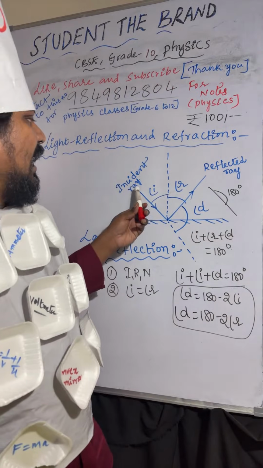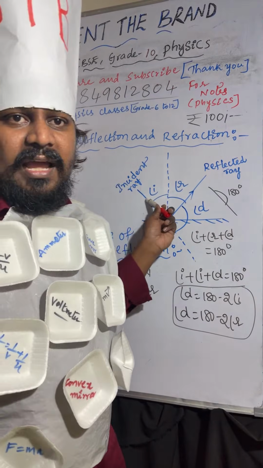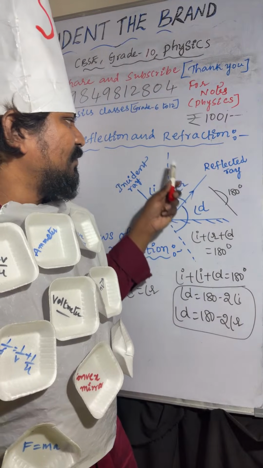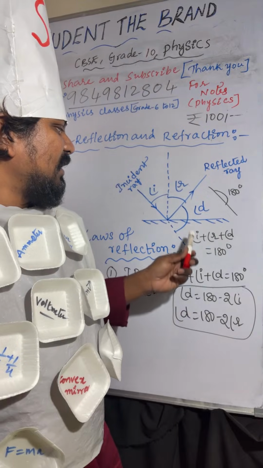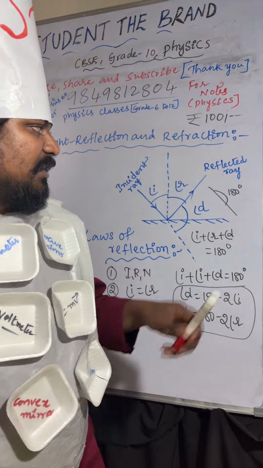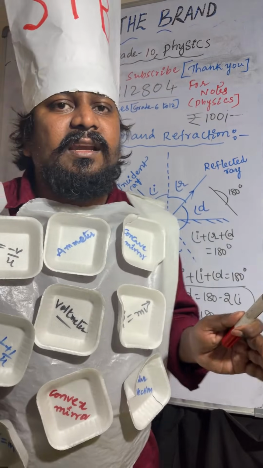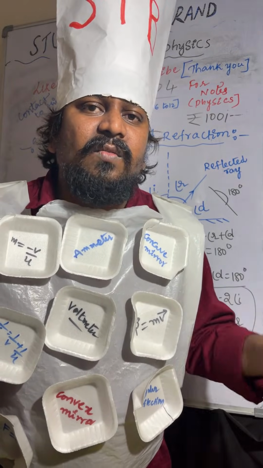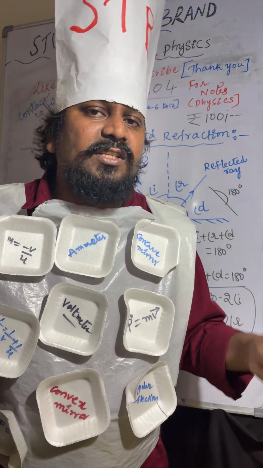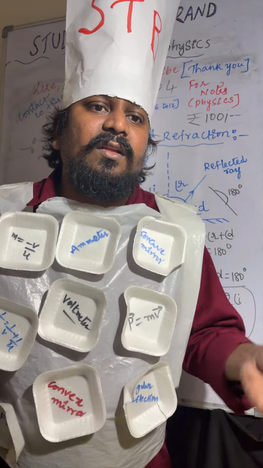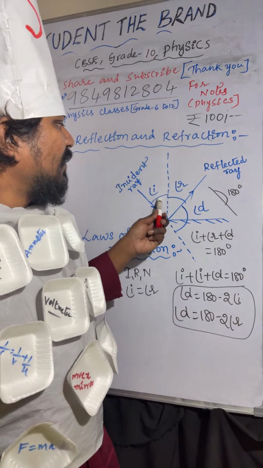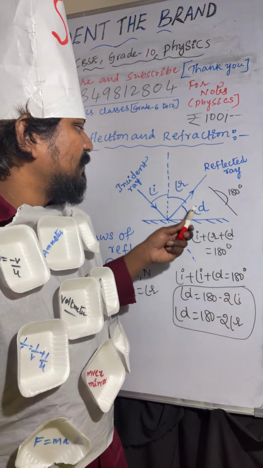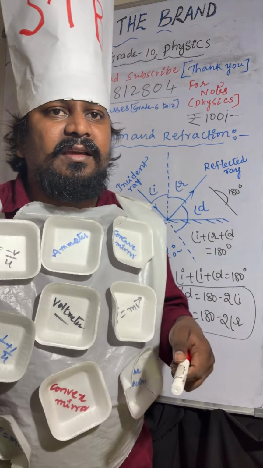See here, angle between incident ray and normal line is called angle of incidence. Angle between reflected ray and normal line is called angle of reflection. Angle between reflected ray and undeviated line is called angle of deviation. The linear angle is 180 degrees. So you can observe here, angle of incidence plus angle of reflection plus angle of deviation equal to 180 degrees.